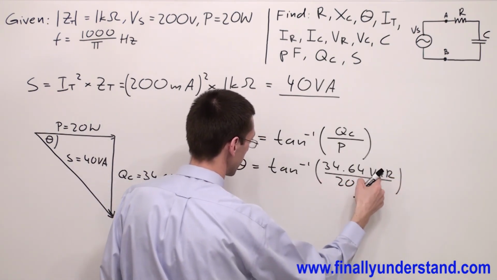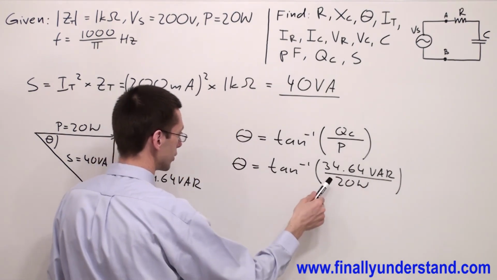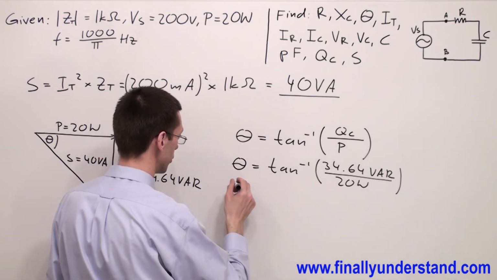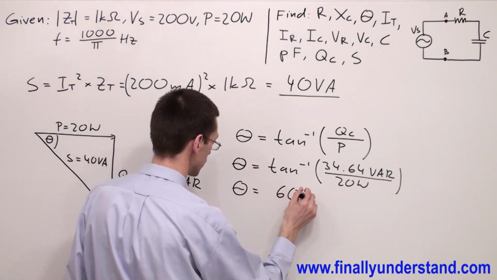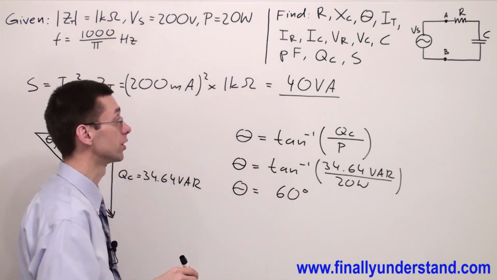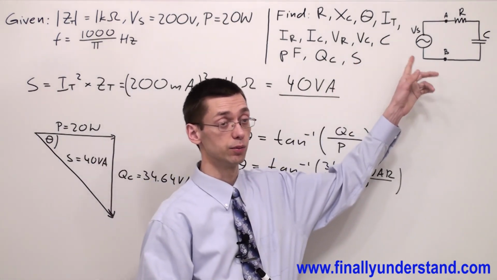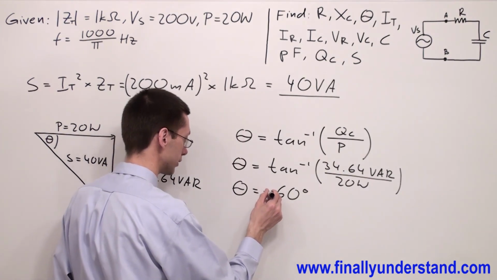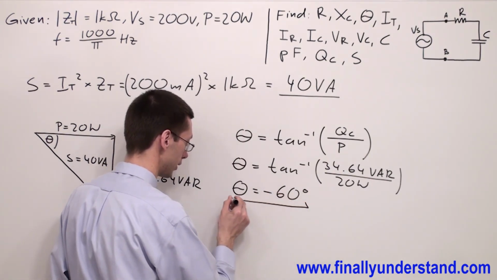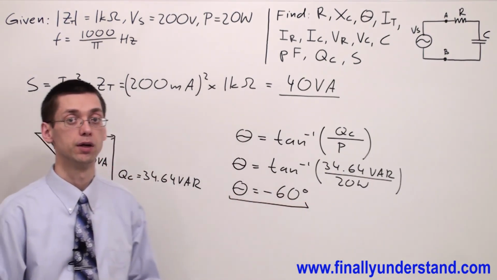Okay, I'm not going to care about the units, simply use the numbers, and you're supposed to obtain the angle of 60 degrees. But don't forget, this is an RC circuit, and because we have series RC circuit, we're supposed to add negative sign into it. Okay, so we can say that the problem is solved.